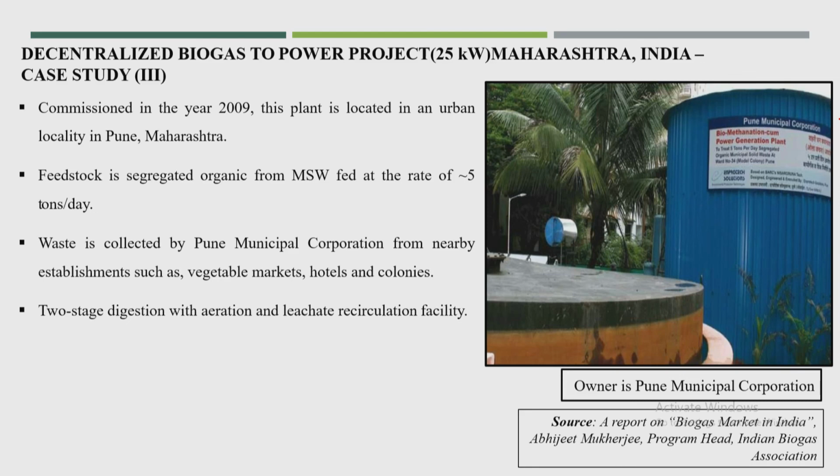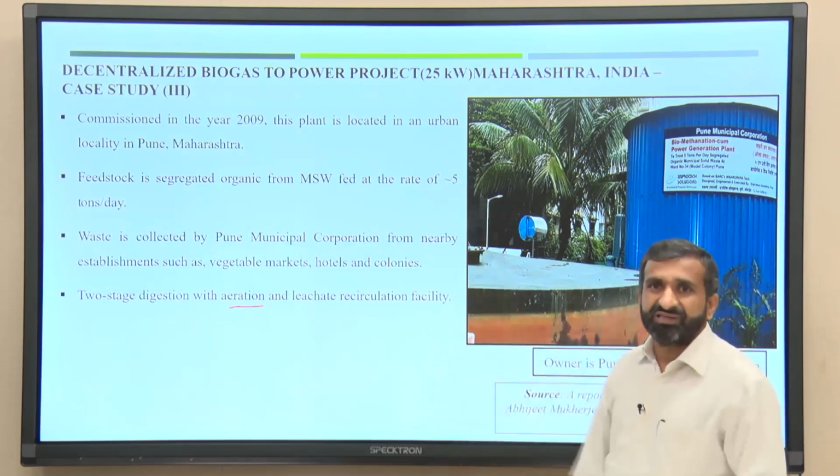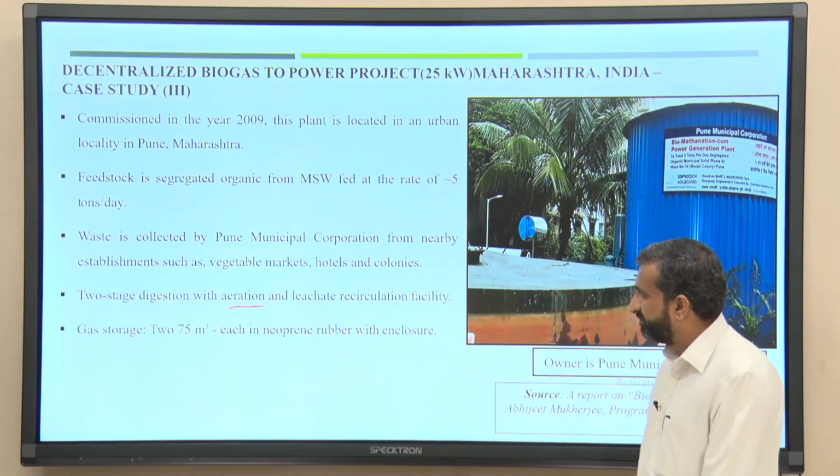The two-stage process means in the first reactor the aeration is provided for the hydrolysis process, and leachate recirculation facility means whatever digestate is coming out is again replaced into the biogas reactor.